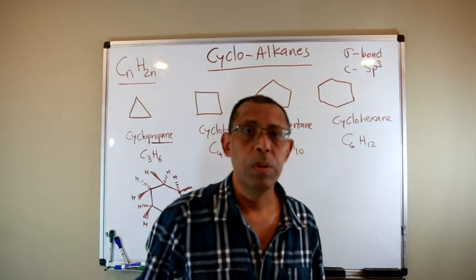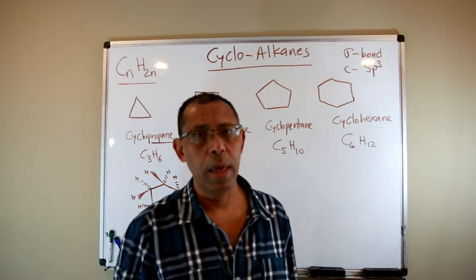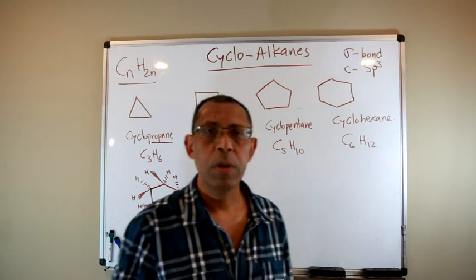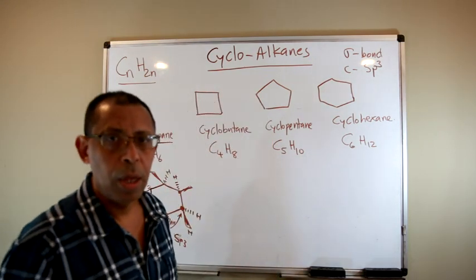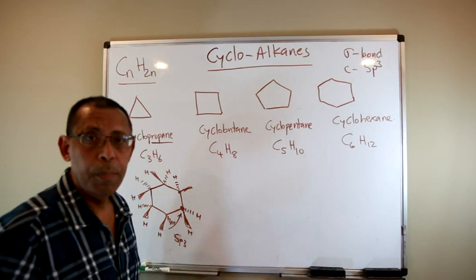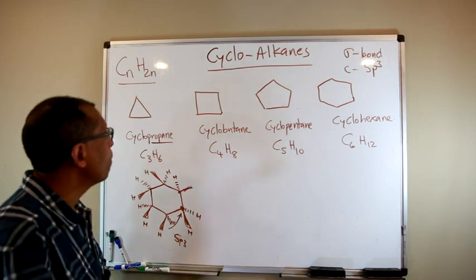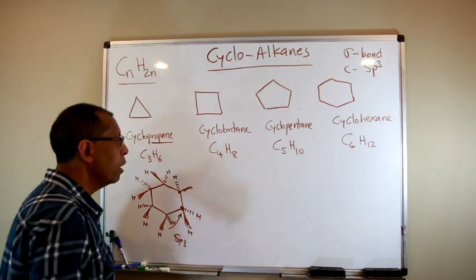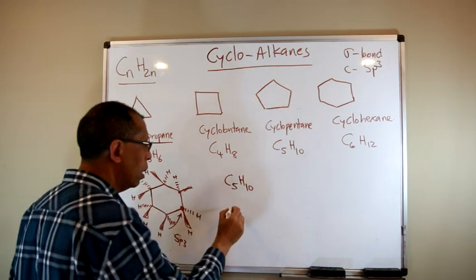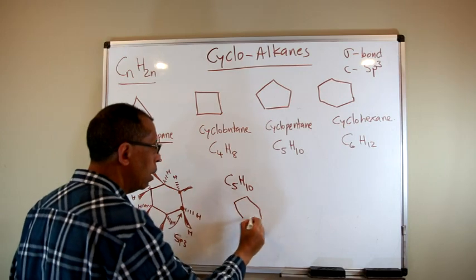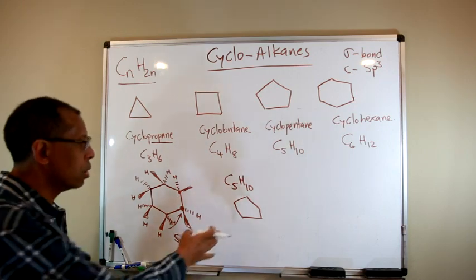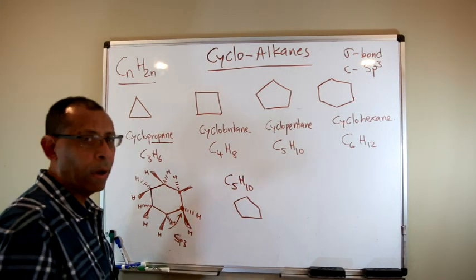Similarly to the alkanes that are the straight chain ones, cycloalkanes also have constitutional isomers. That means compounds with the same formula but a different way of arrangement. For example, if you have a C5H10 compound, which is a cycloalkane, you could write, I believe, about 5 different structures with still C5H10.